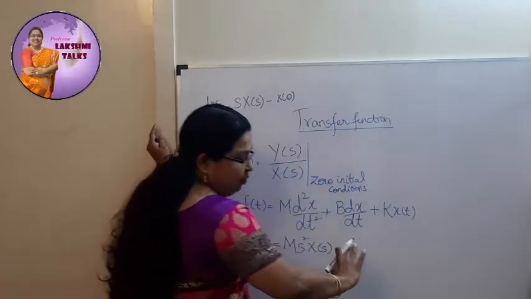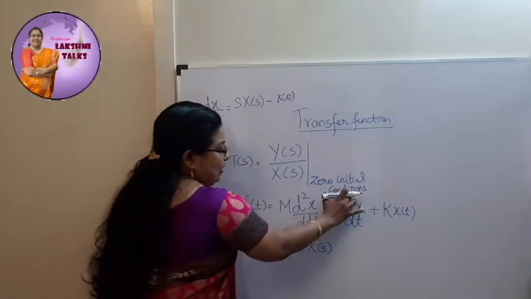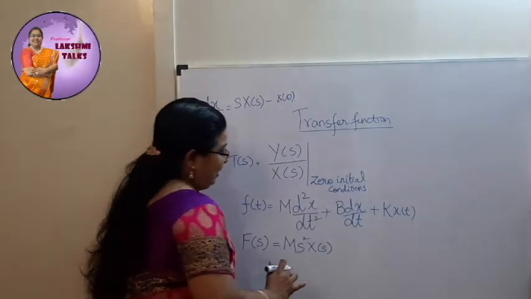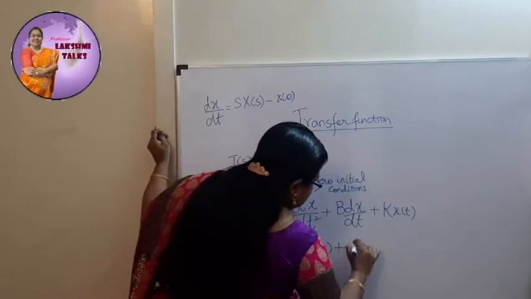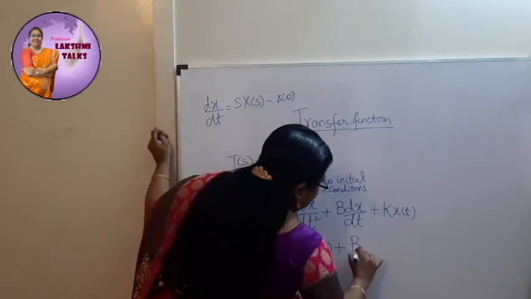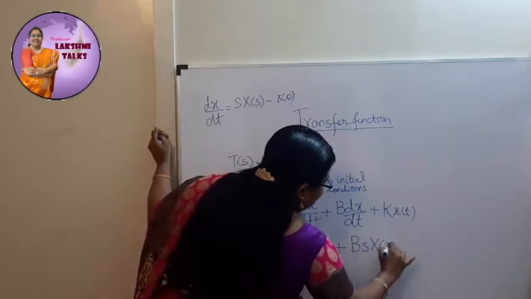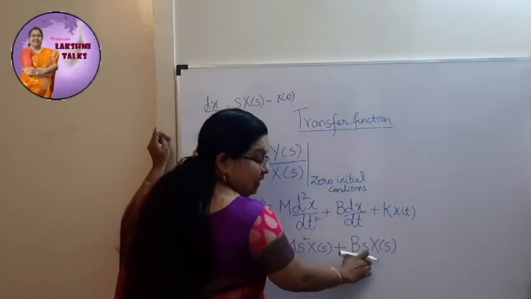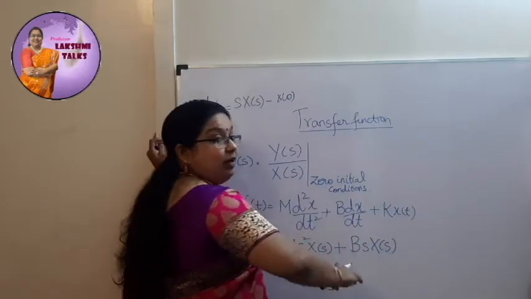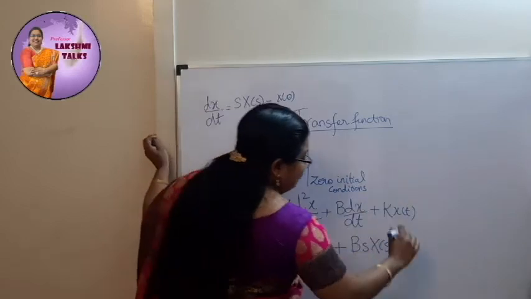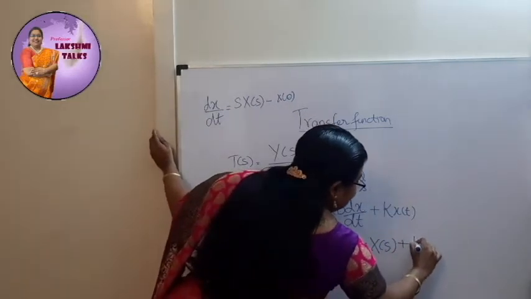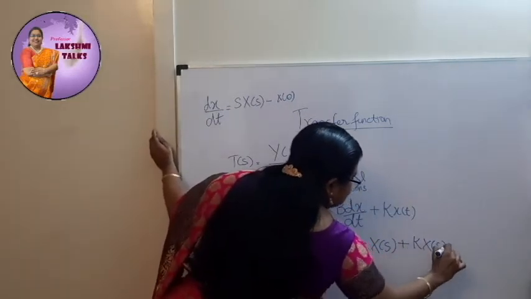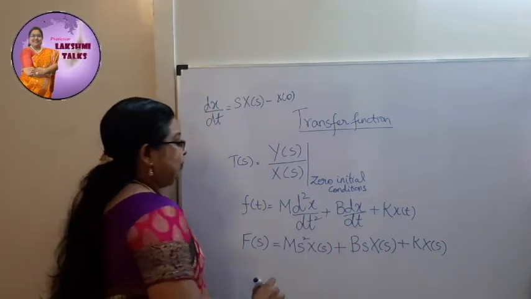But we are ignoring those terms because of zero initial conditions, plus b s X of s. Here also we are ignoring the minus x of 0 term because of zero initial conditions. Then plus k X of s.